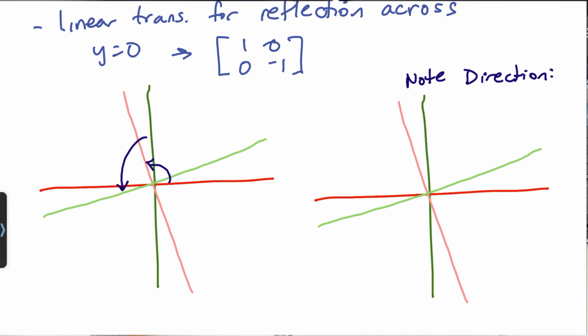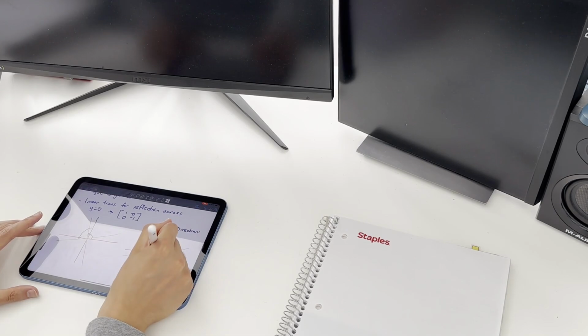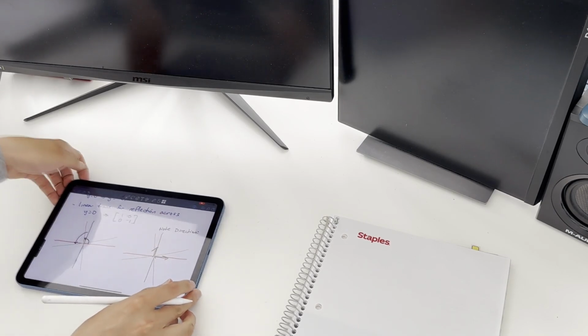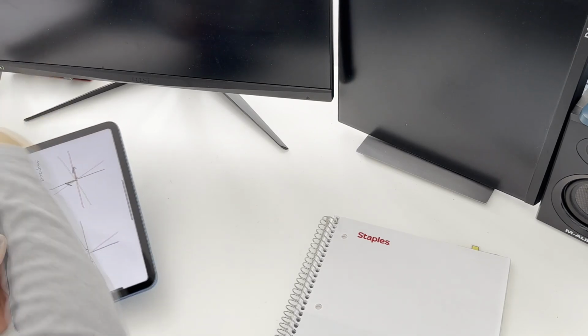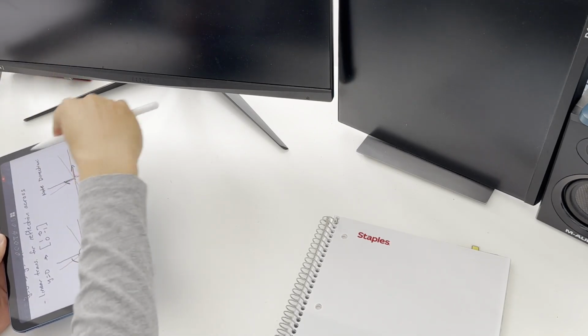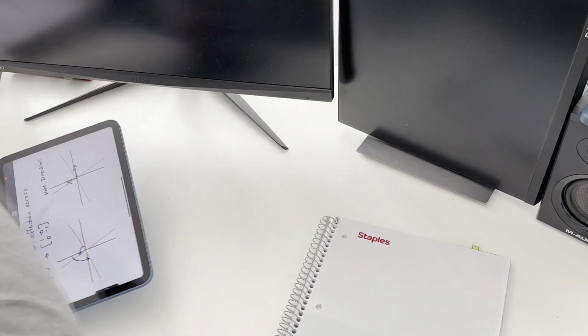We also want to note the direction. Usually we count to the right to increase x, and we count up to increase y. So when we flip our thing here, and I'm actually going to flip this entire iPad, we notice that our arrows are now pointing left and up, and then here it's going left and down.